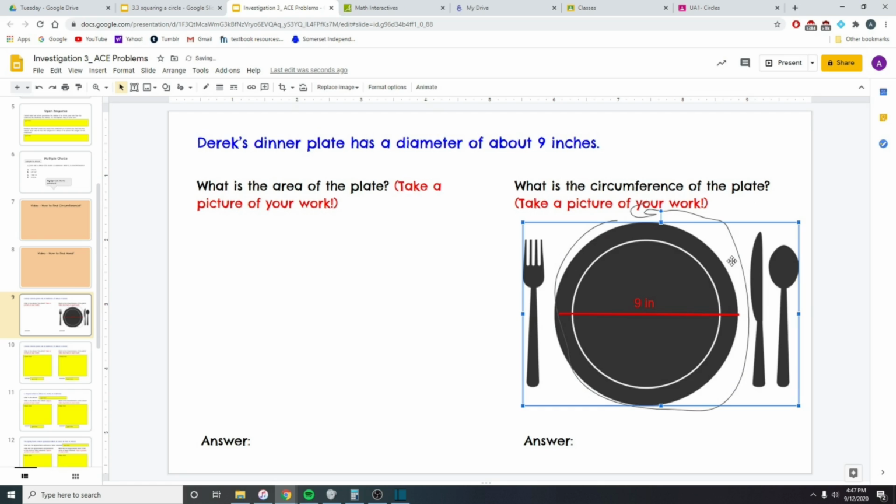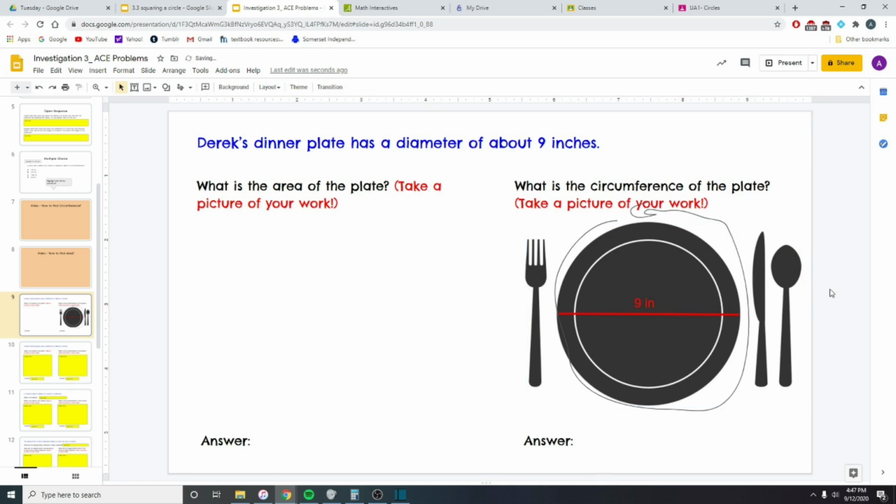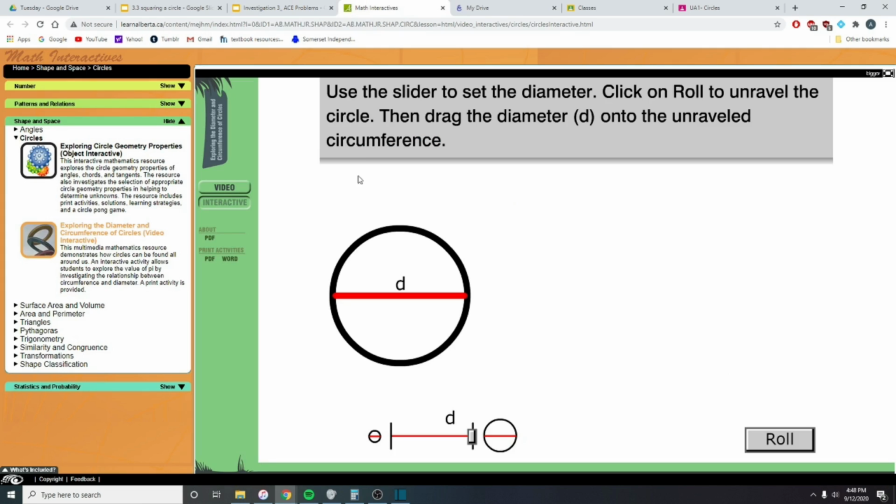Now, in order for you to figure out how much it is around the circle, you need to know the relationship of this diameter compared to the circumference. Now, I know I've showed this diagram quite a bit, but it's quite useful, right? This black outline is the circumference, and this red line here is its diameter.